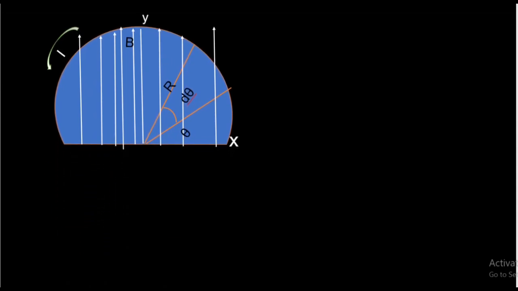Let's get started. Now look at this. These are the magnetic field lines. We can write the force as F equals ILB. Now, if we want to consider the magnetic force on this straight segment, let's define the length from here to here.